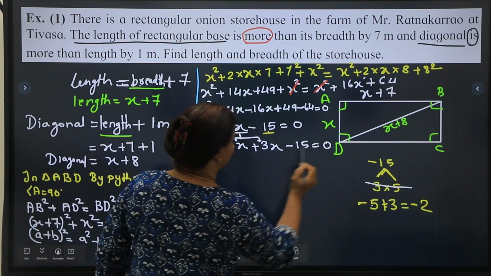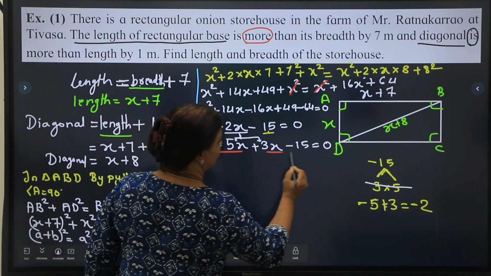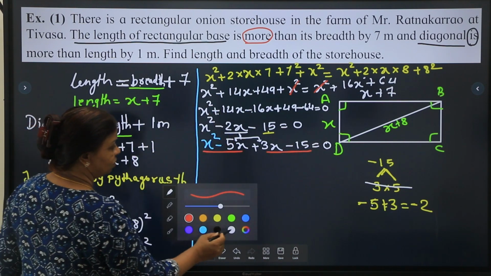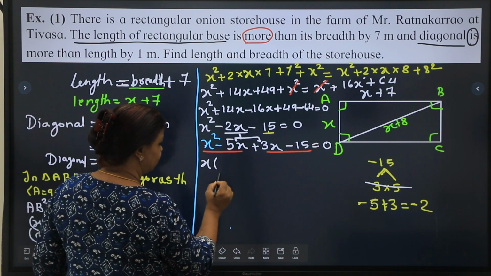Now, we are going to take the common from this and from this. Yes, what we get? See, here is also x, here is also x. So, I will take x out.